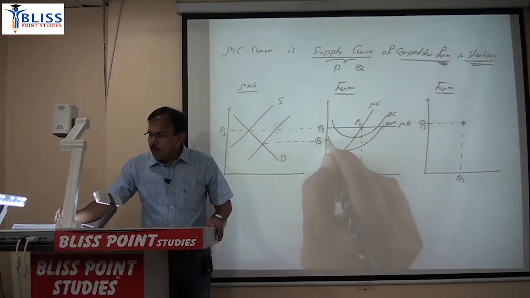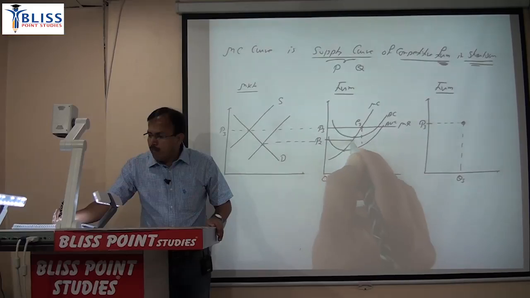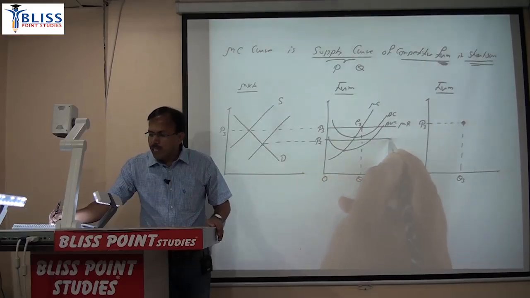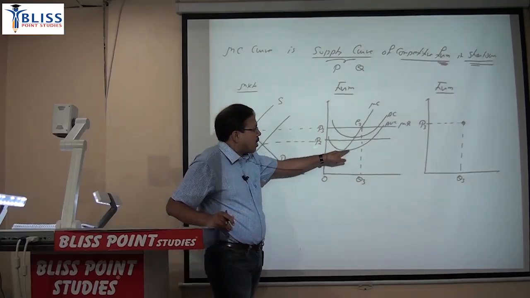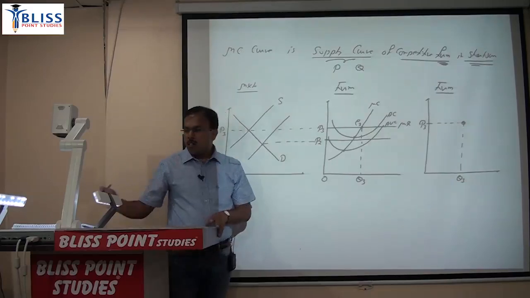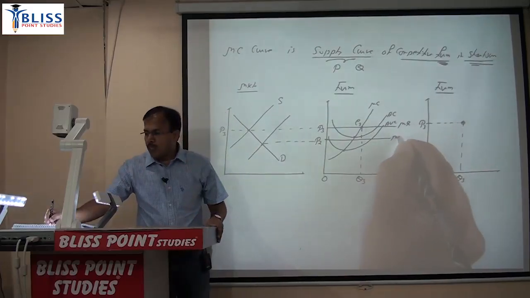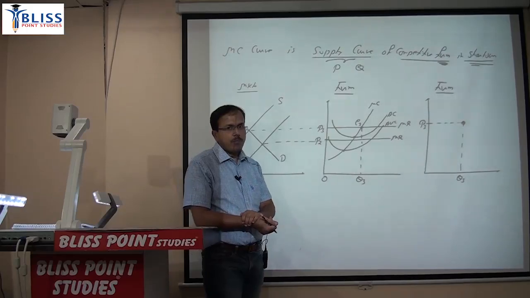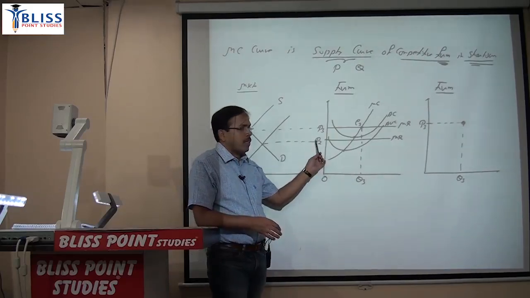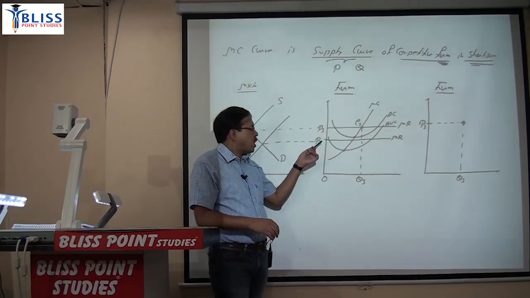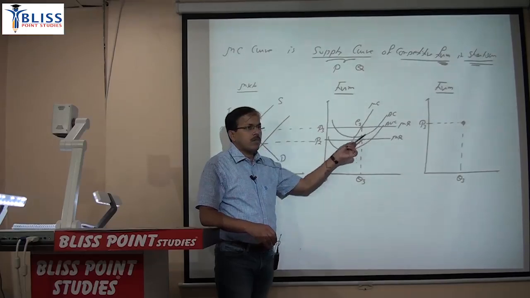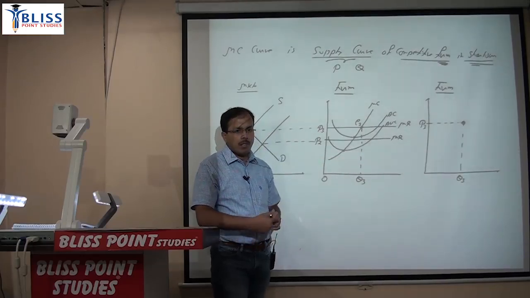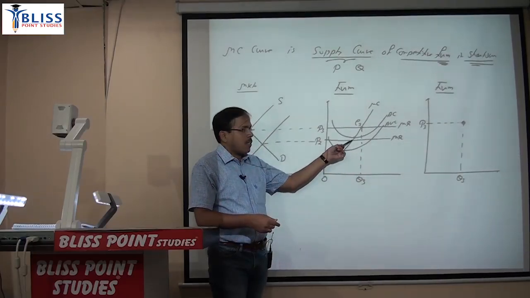Take that price deliberately in between these two curves, AC and AVC. So if price is P2, then what is the profit maximizing quantity? If price is P2, MR is this line, where MC is equal to MR. MC equals MR at this point.